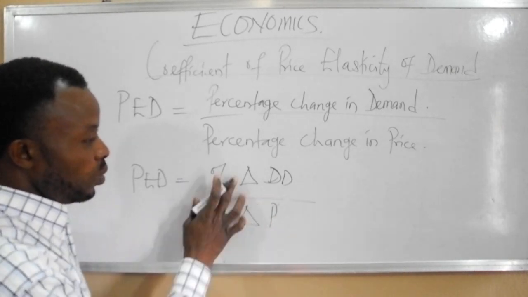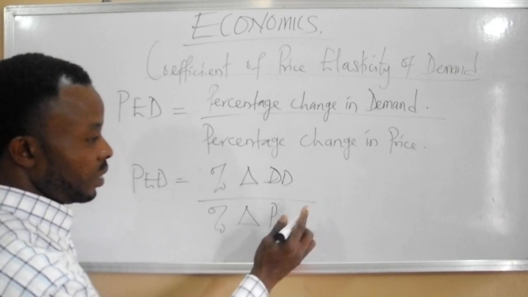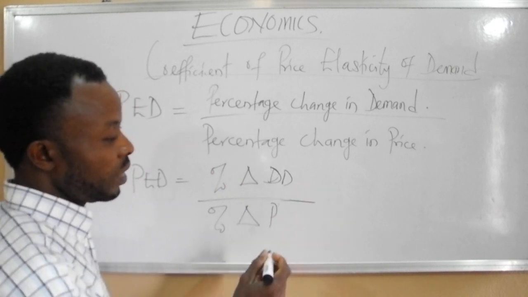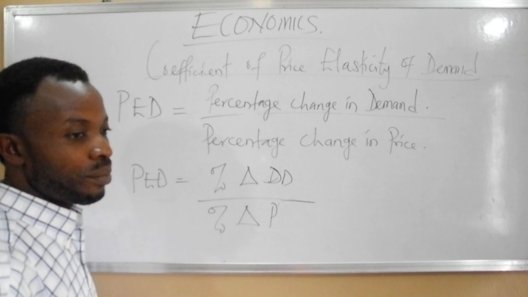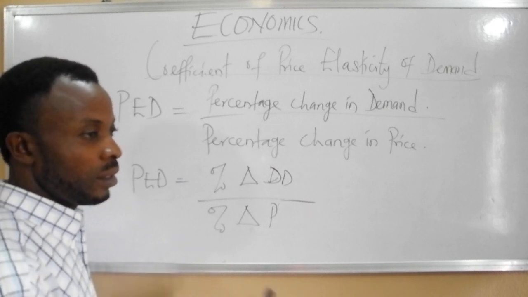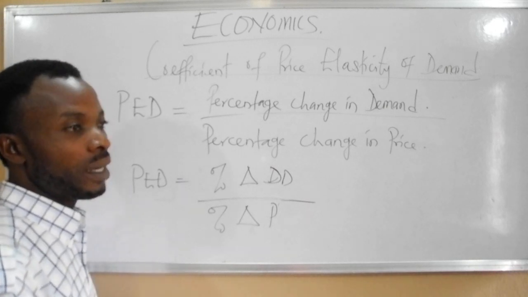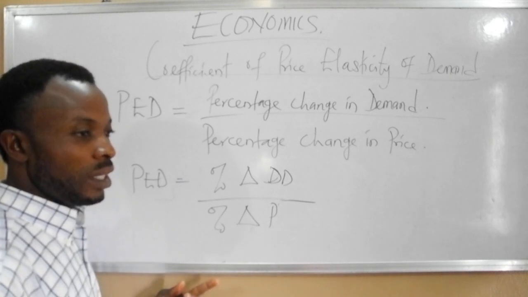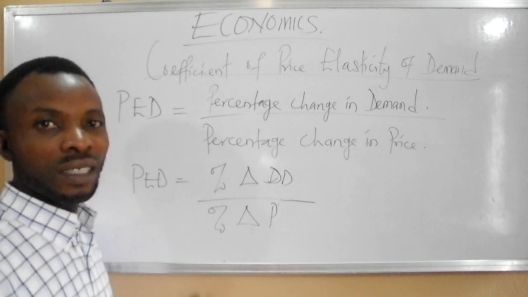When we are talking about changes, it means that we have the initial price, new price, initial demand, new demand. Because if there is no initial and new one, then definitely there is no change.